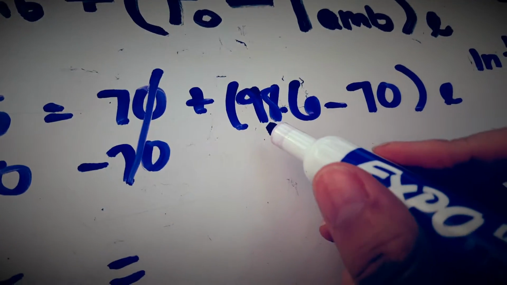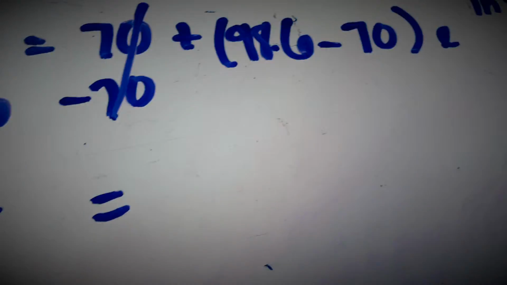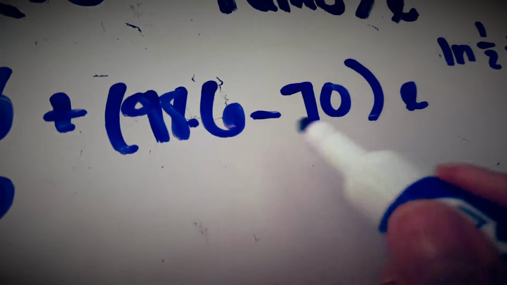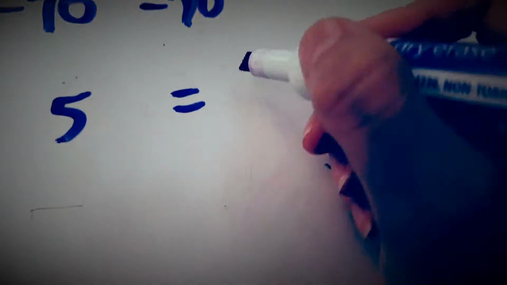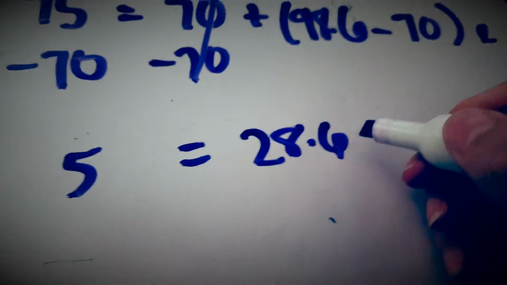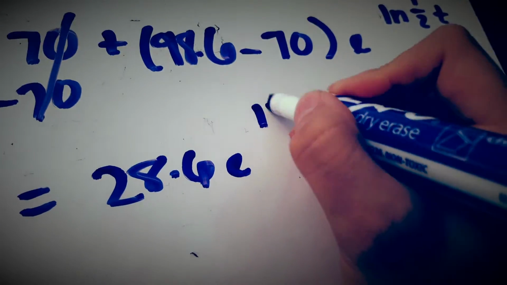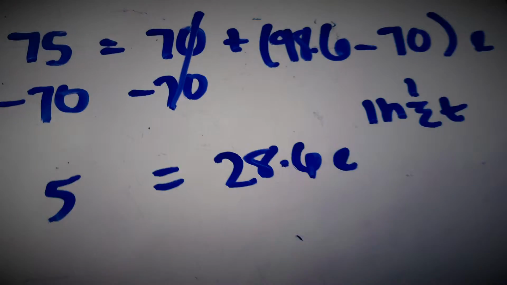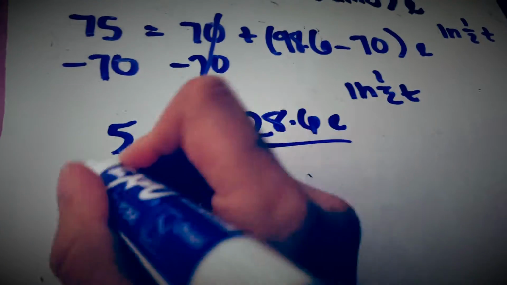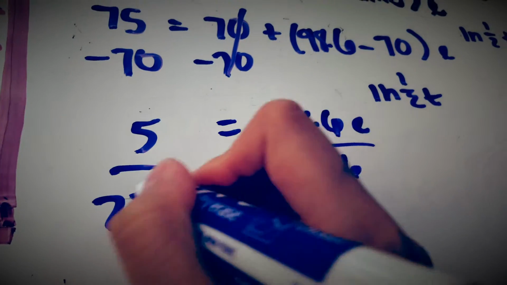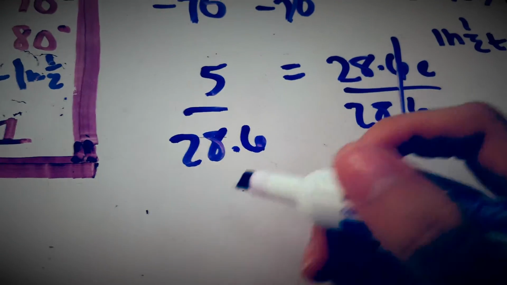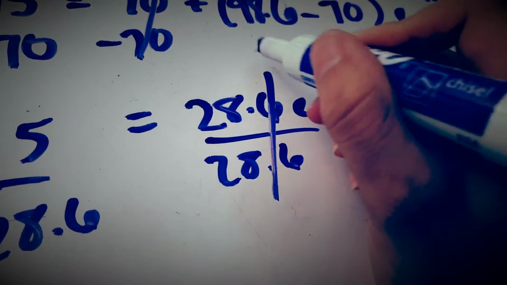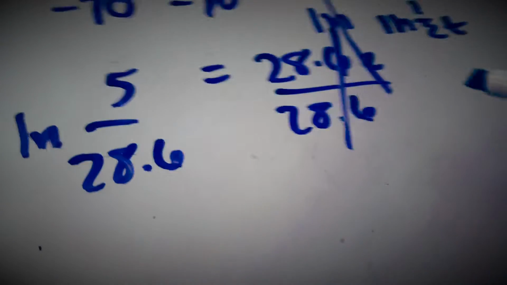So we subtract those two numbers from 70 to get 28.6 e, and then we have our ln 1/2 and T. Alright, so then we divide both sides by this number, 0.6, that cancels. Alright, and we're left with our e to the ln 1/2 T, and we go ahead and natural log both sides to cancel our e right there.